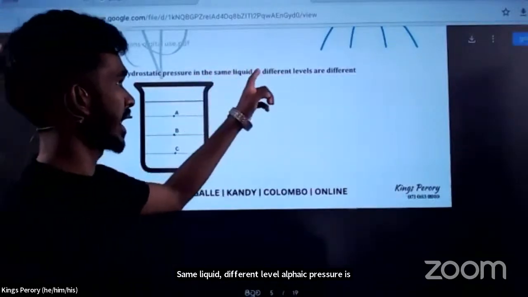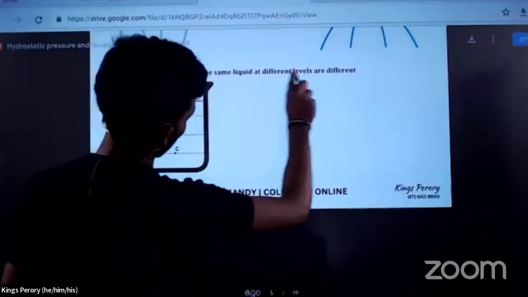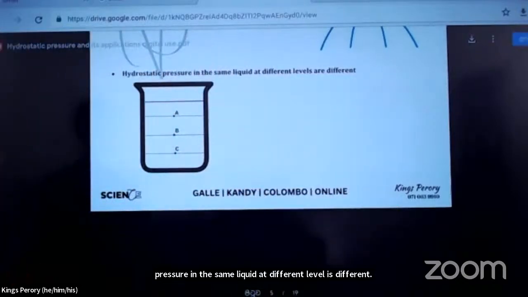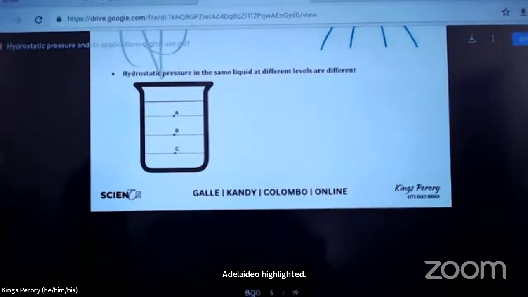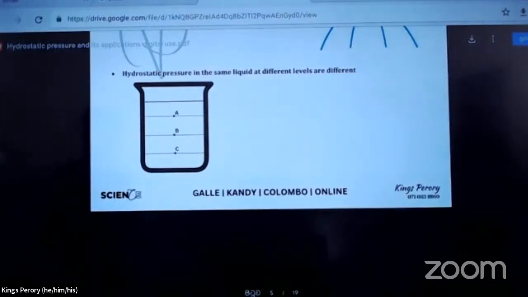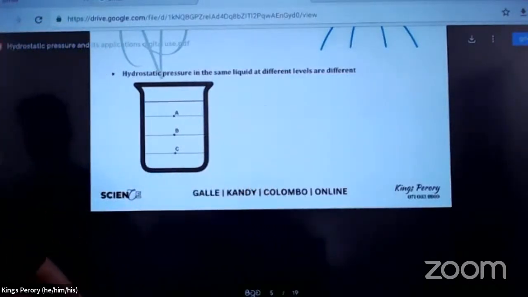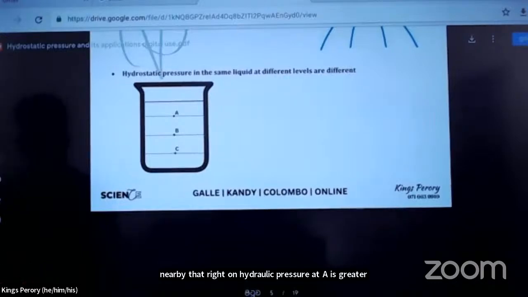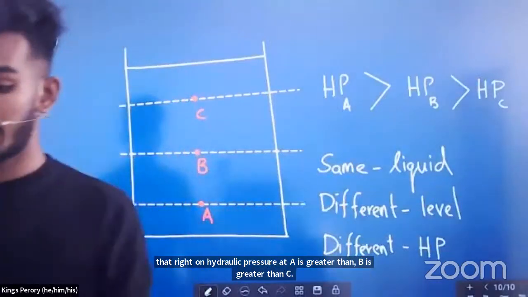Hydrostatic pressure in the same liquid at different levels is different. Underline or highlight it. Nearby, write down: hydrostatic pressure at A is greater than B, which is greater than C.